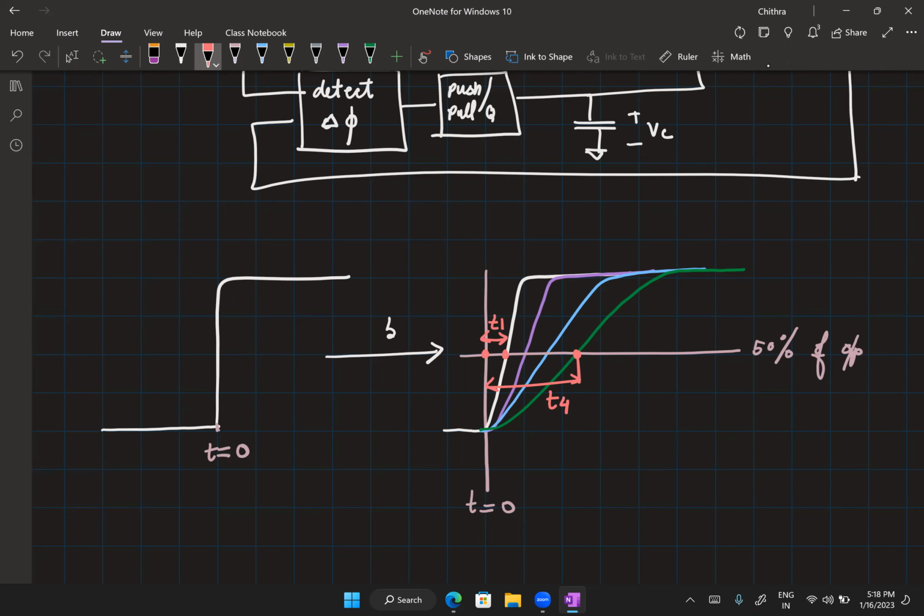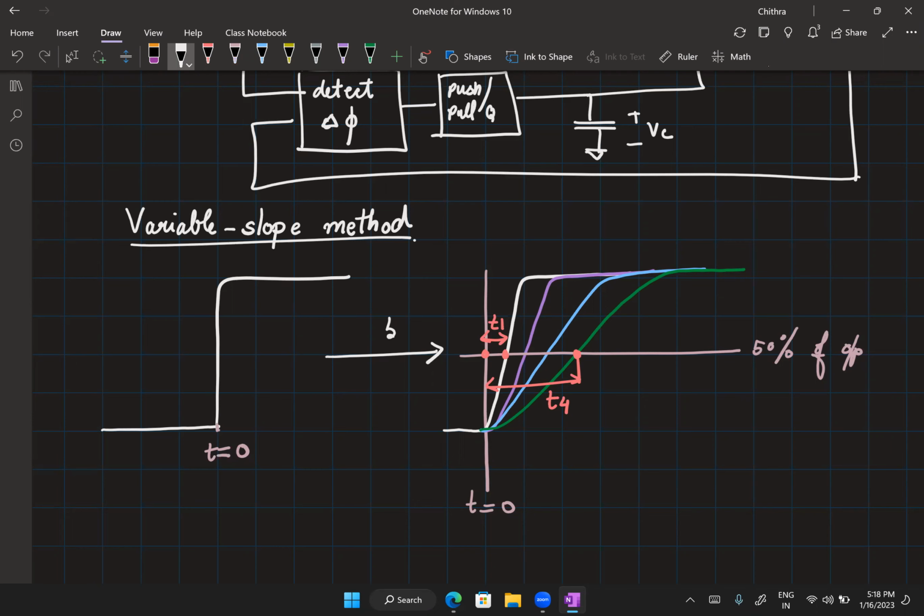Basically, the sharper the rising edge or the higher the slope, I have a smaller delay, right? So this method of varying the slope to get a variable delay is called the variable slope method. Okay, and the two methods that we discussed so far fall into this category.